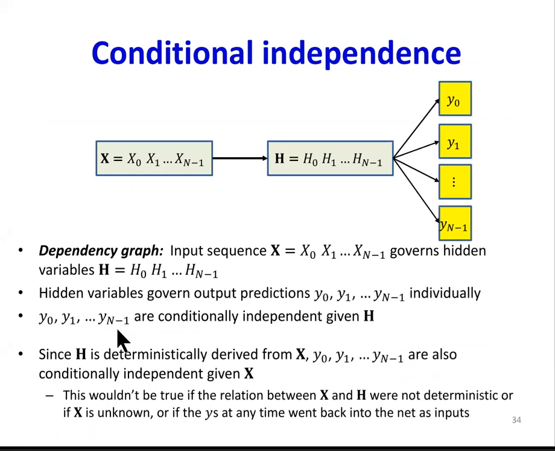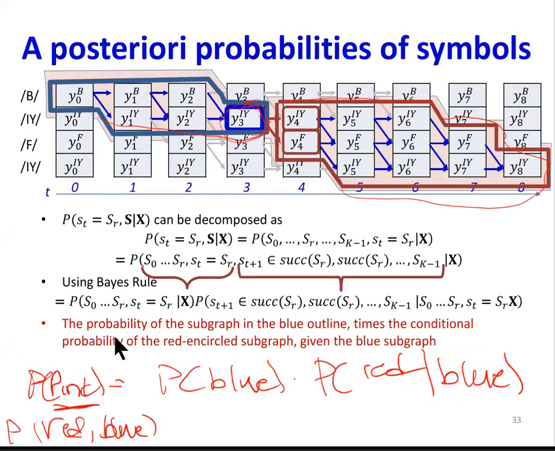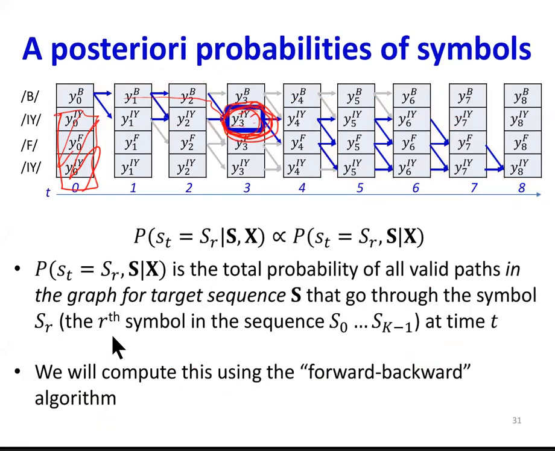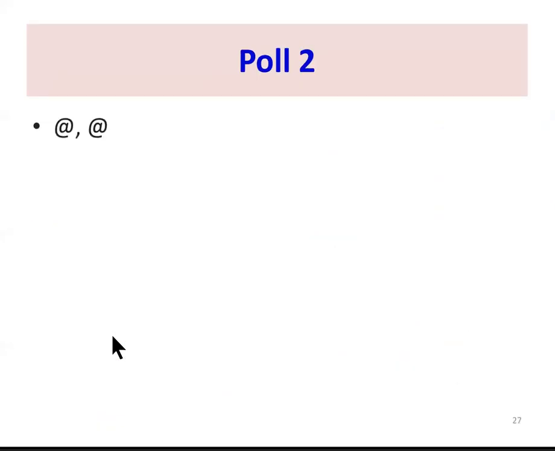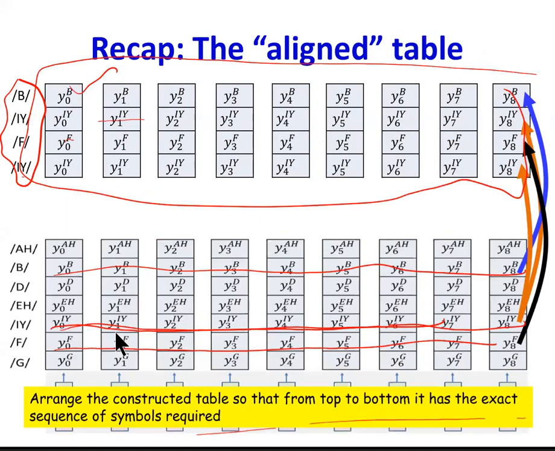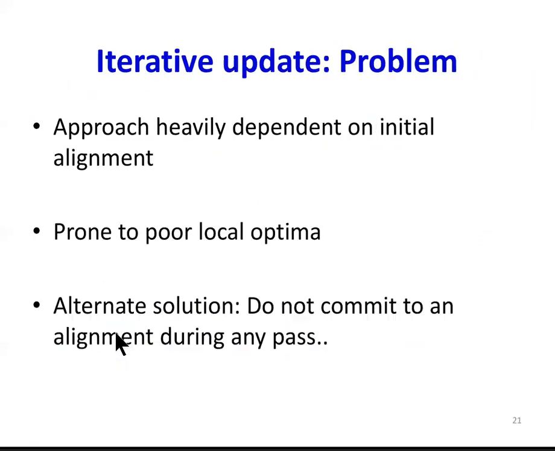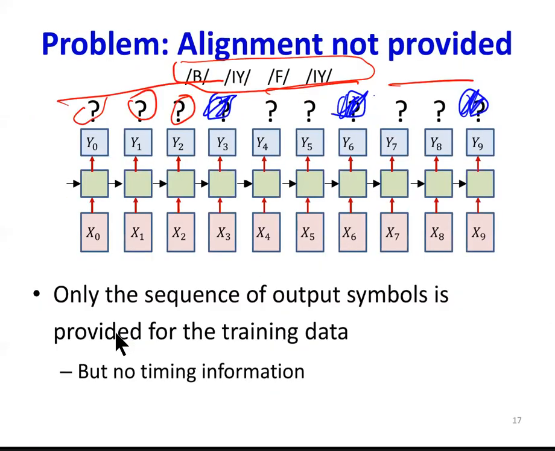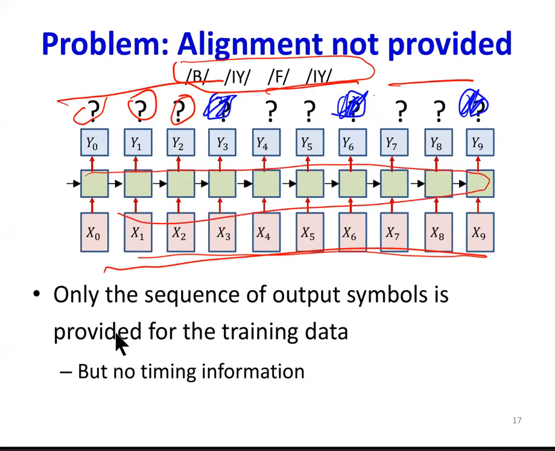What is conditional independence? What it means is that if I give you the input X, so let's go all the way back to my network. If I can have a picture of it. Do I have my picture of it? Okay. Now look at this. If I give you this input X, then the computation of all of these H's is deterministic, correct? You agree? Okay.